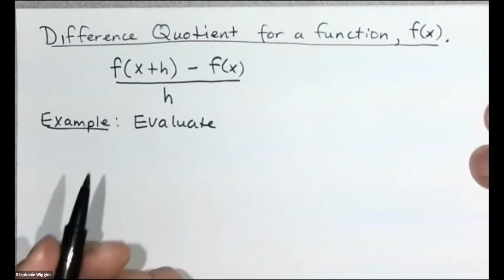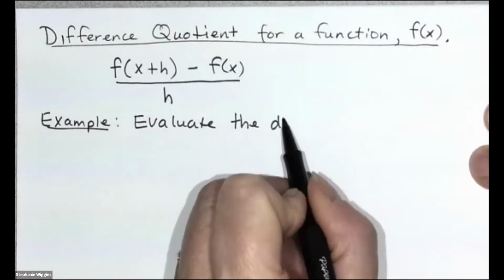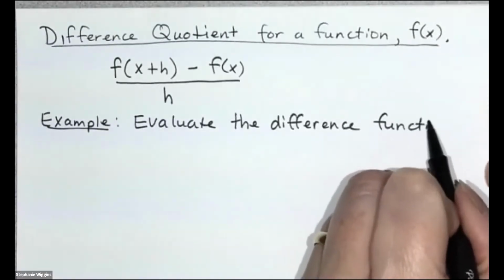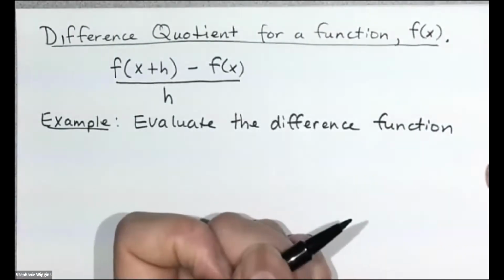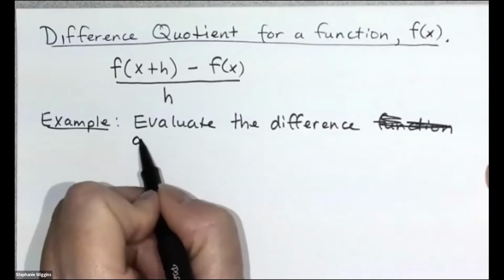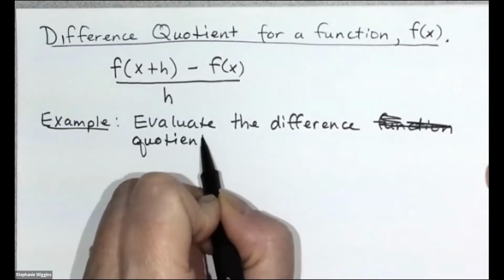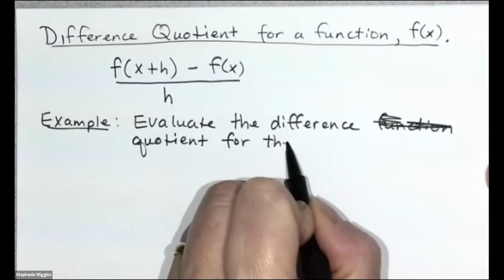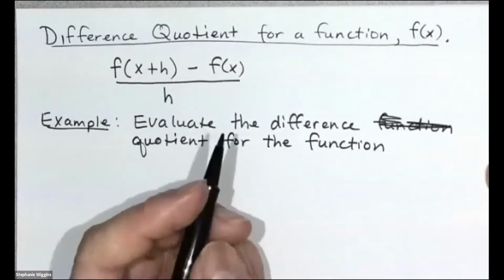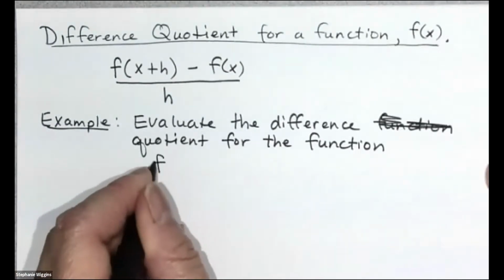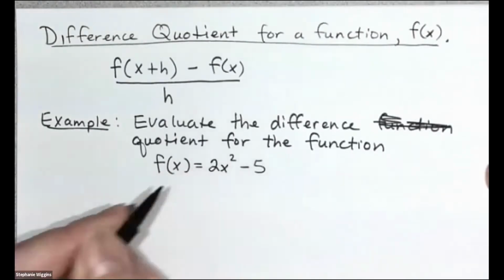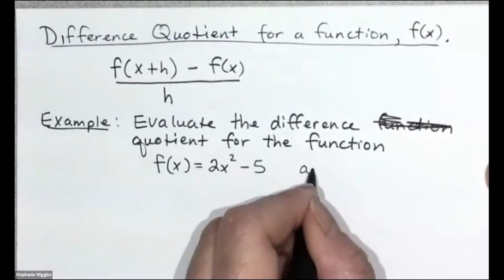The question would be: evaluate the difference quotient for the function f of x equals 2x squared minus 5 at 1.